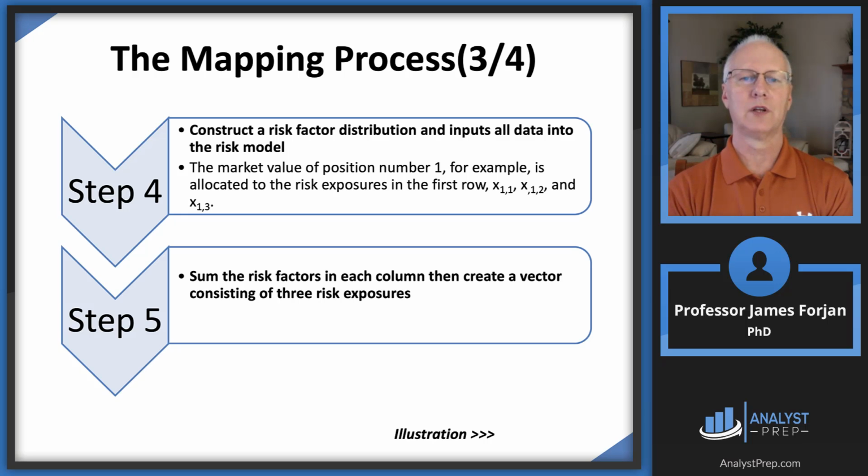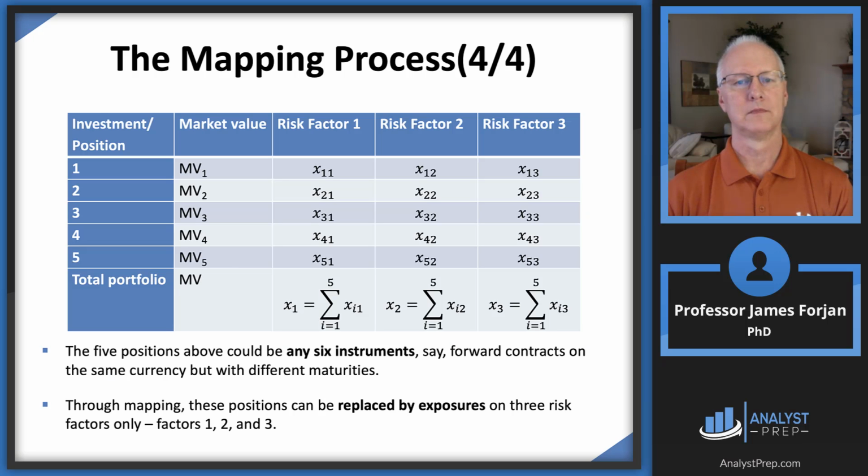We're going to construct a risk factor distribution. I'll show you a table here, and then I'll have an Excel spreadsheet to illustrate that. And then we're going to do some summing. Now, this table was taken directly out of the chapter, and this is a little bit more simple than it looks.